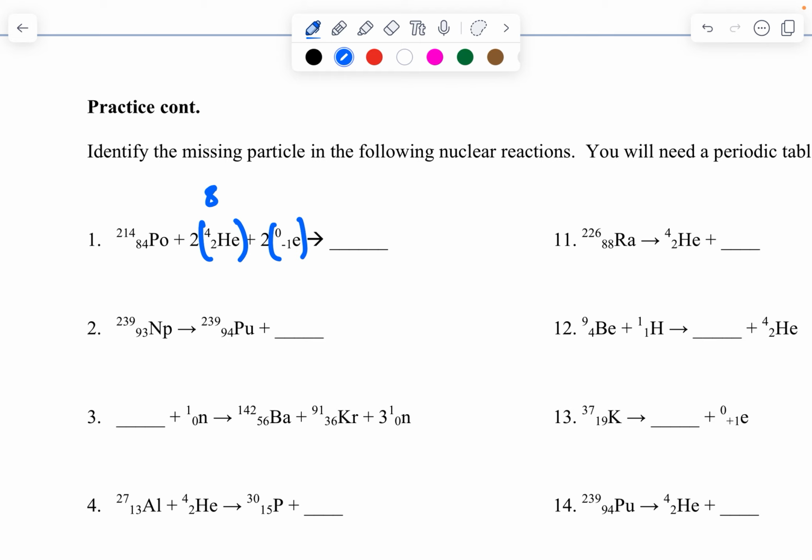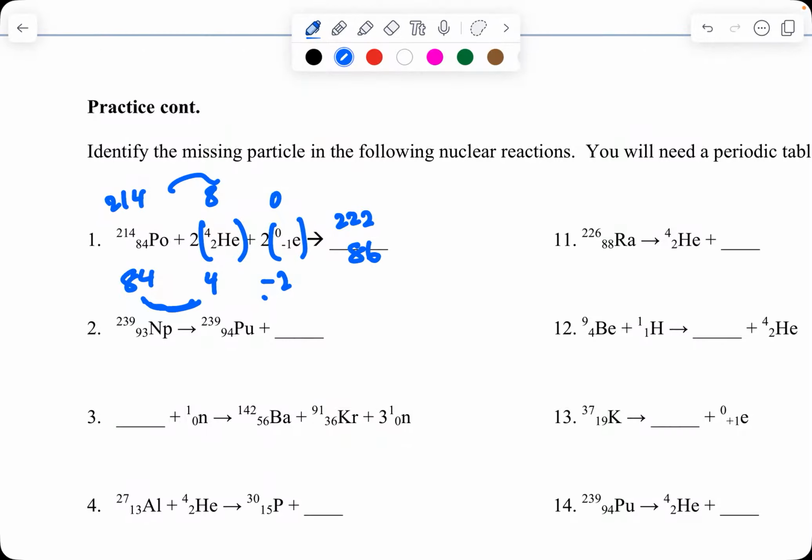So you have 8 and 4, and then 0 and -2. 2 times 0 is 0. Then you get 84 and 214, so you add these together, that's 222. Then this is 88 minus 2, so that's 86.